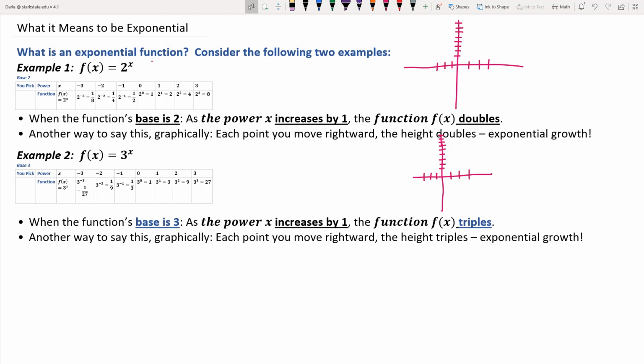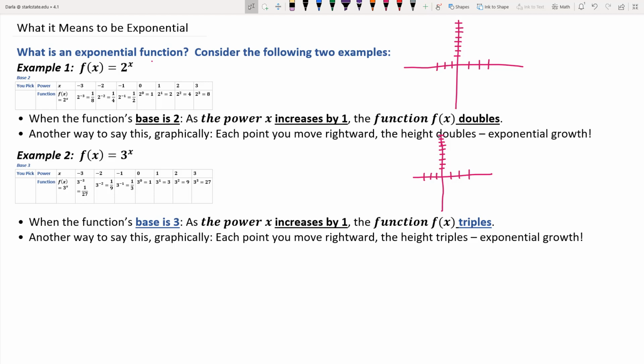So it has to be a variable, and so it varies. In this case, the power is your independent variable. It's your x-axis, and your dependent variable is your base raised to that power. So your height is your base raised to the power.